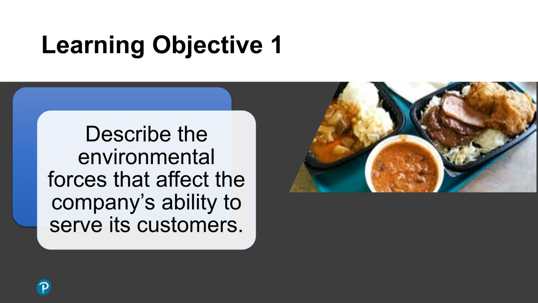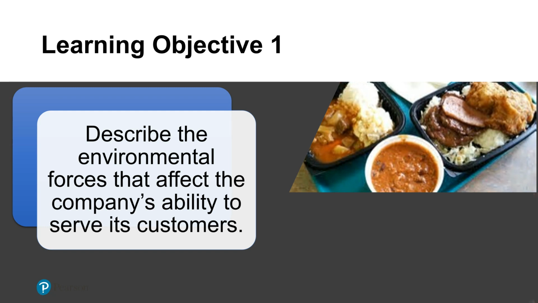So today we're going to start with objective 1, which is describing the environmental forces that affect a company's ability to serve its customers. We're going to be using a Hawaii company today, and I put a picture of one of my family's favorite restaurants to go to. I'm wondering if you can guess who it is. I'll give you 2 seconds. 1, 2.